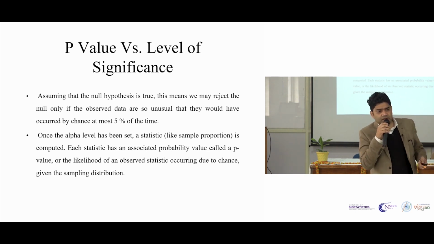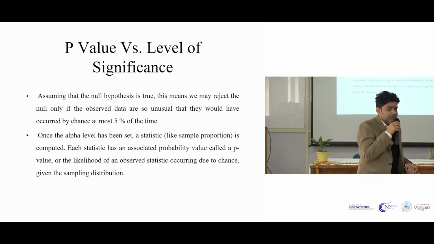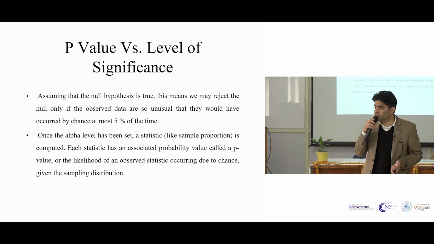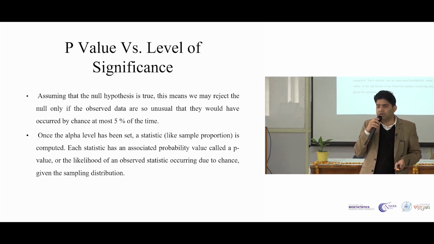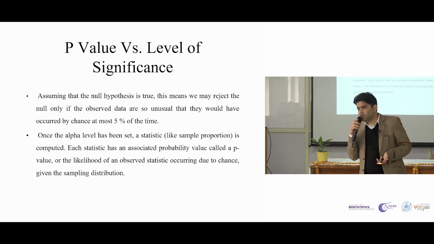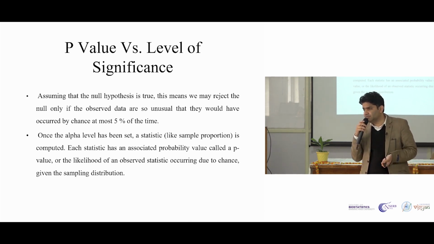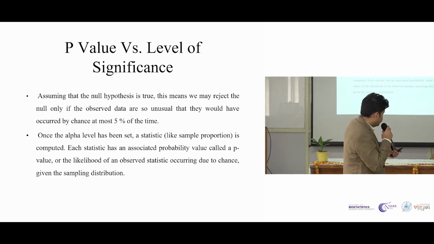In the critical value approach, we go by the alpha which you have fixed, that is the type 1 error. Based on that value we decide what is going to happen. If the value we observe comes in the critical region, then we would be rejecting the null hypothesis.